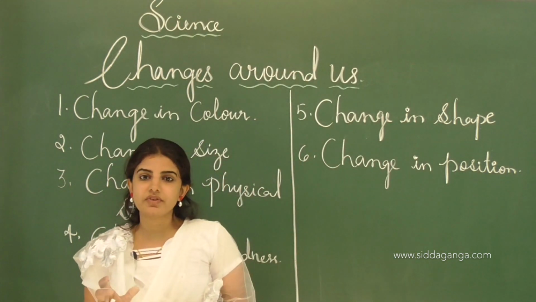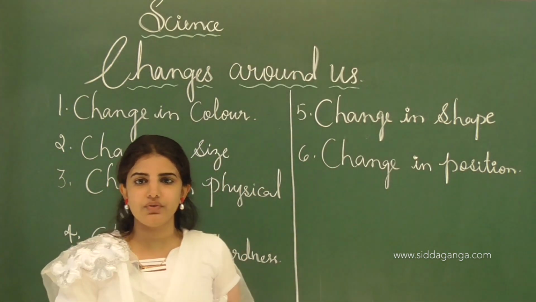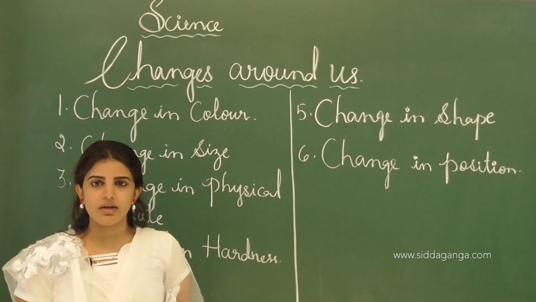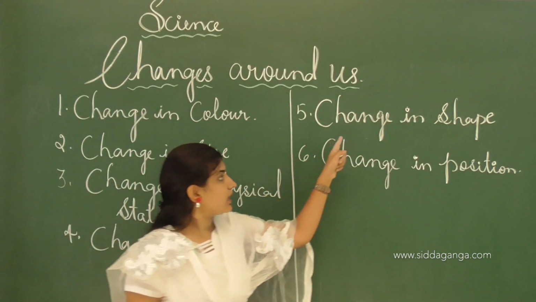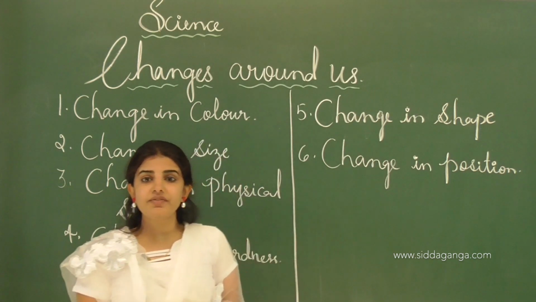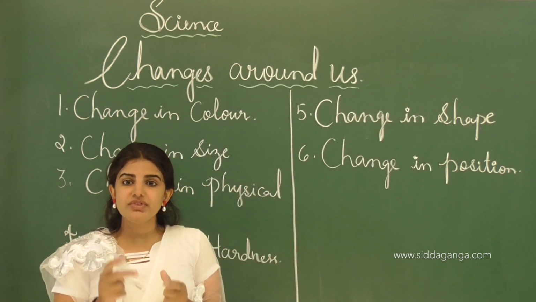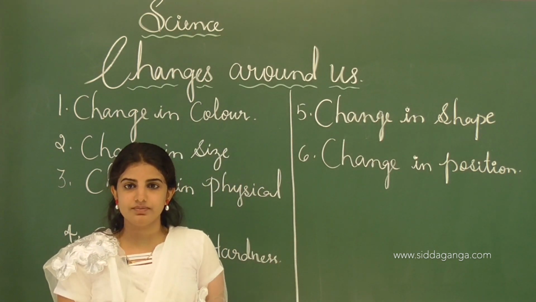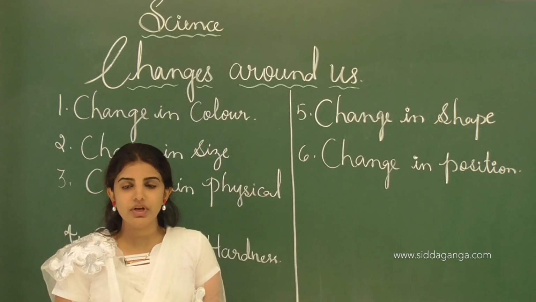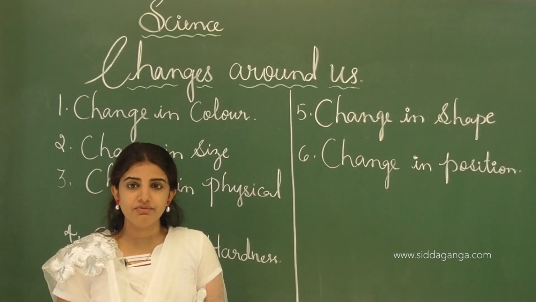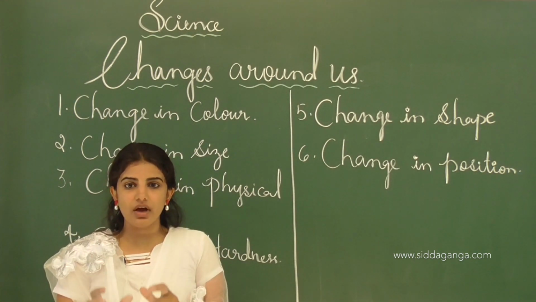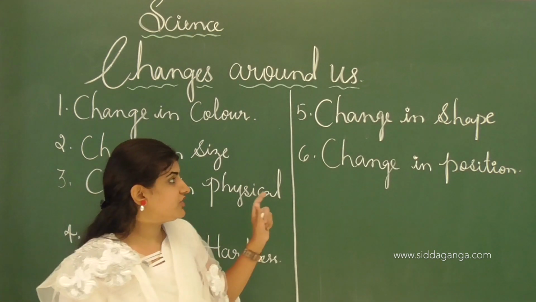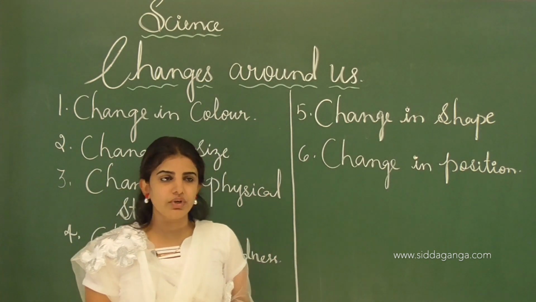Buds get converted into flowers, and we can say that change has occurred. Like that, every few days the moon's shape changes. First it is a new moon, later a gibbous moon and the half moon, and like that the full moon is formed. This is how change takes place in the moon also.